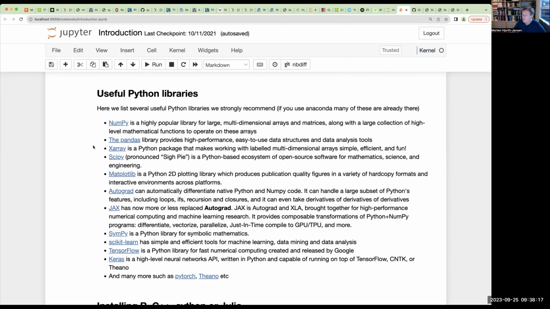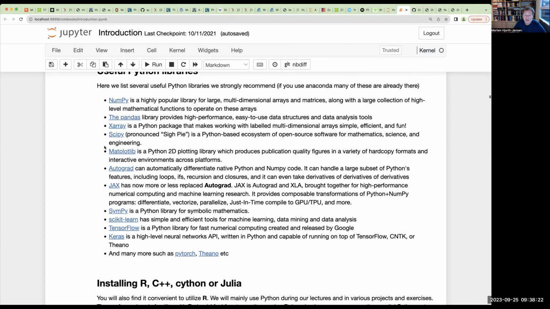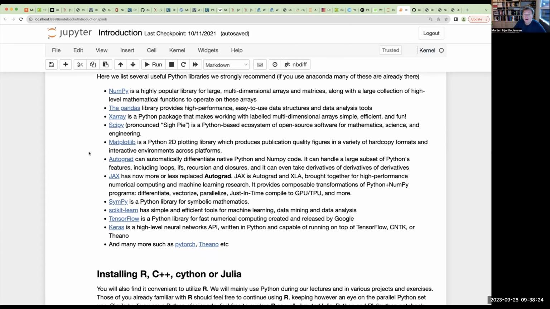If you want to venture beyond 2 dimensions, Xarray is a very nice package. And then there's something which we are going to spend quite some time on when we come to applications later. One is Autograd, which has been discontinued. And that is about calculating gradients and derivatives of this objective or cost function.